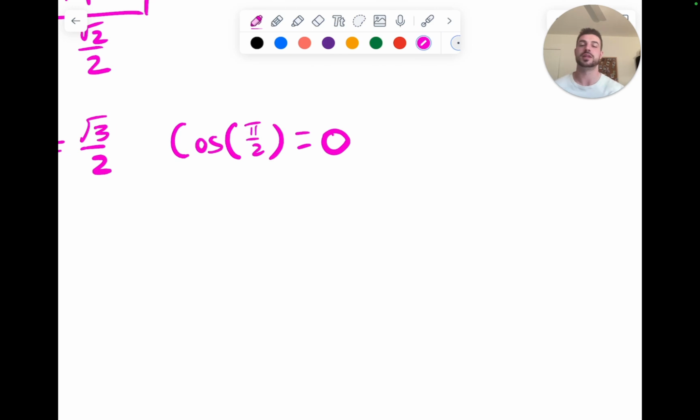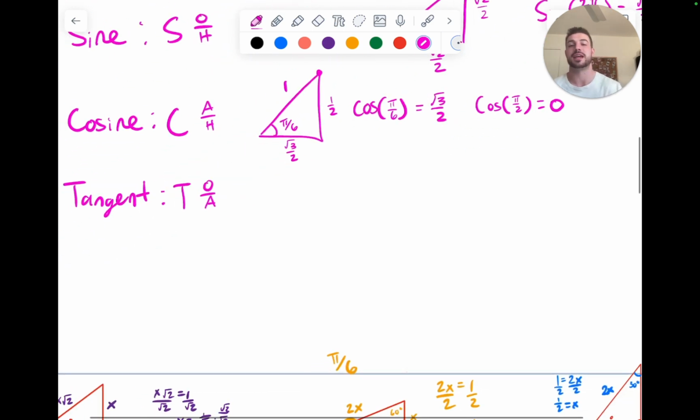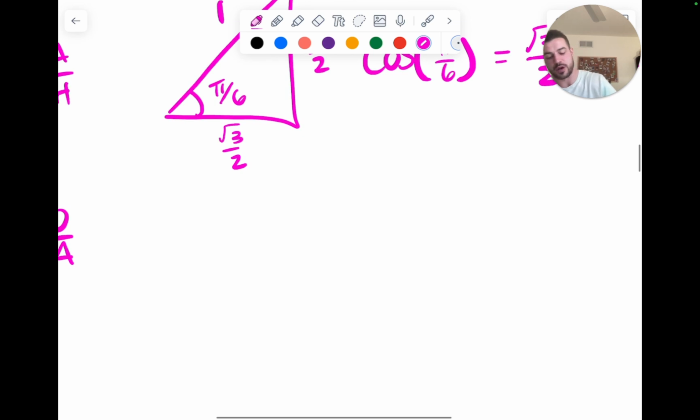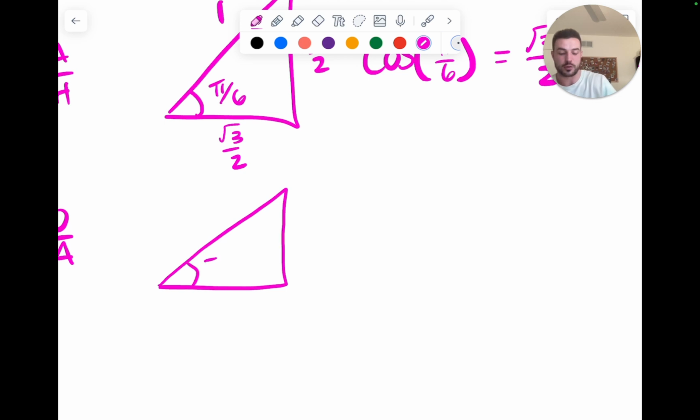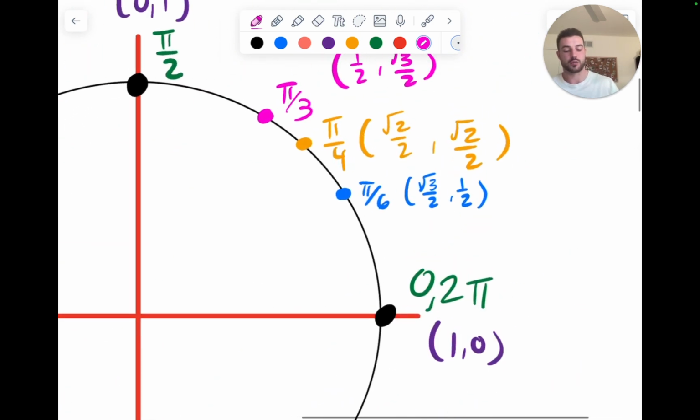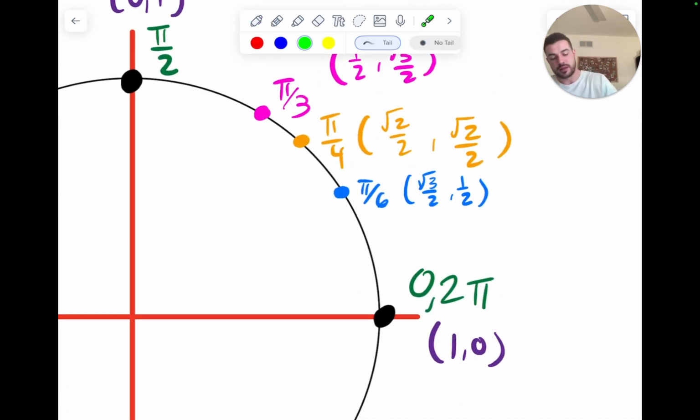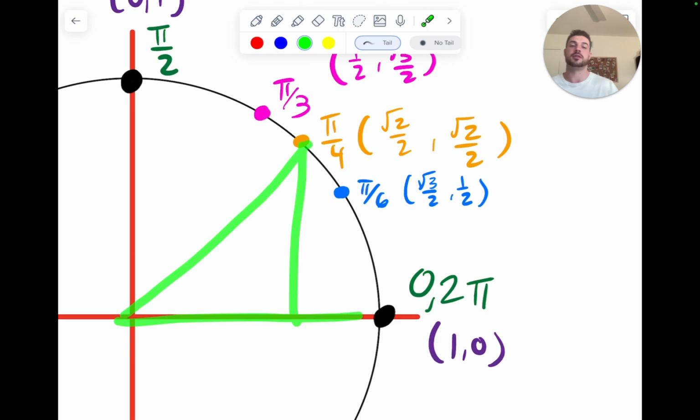All right. So lastly, we can also talk about our tangent, and tangent is going to work the same way. It's just going to work out a little bit better for some angles than others. If we go back to our pi over 4, we know we have root 2 over 2, comma root 2 over 2 with a hypotenuse of 1. So again, we're just looking at this angle measurement here, and technically that triangle.